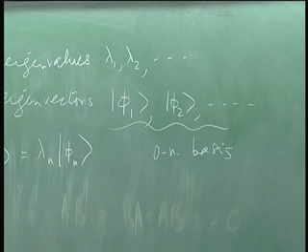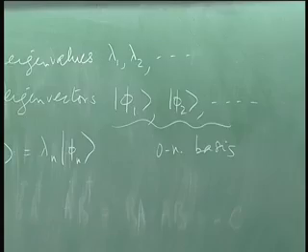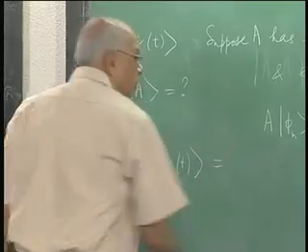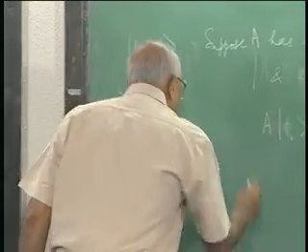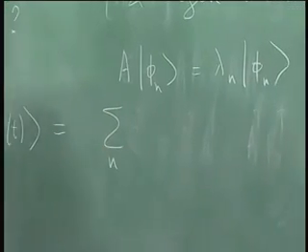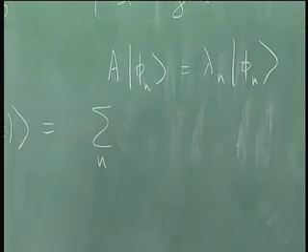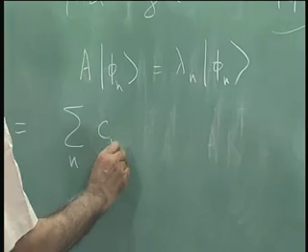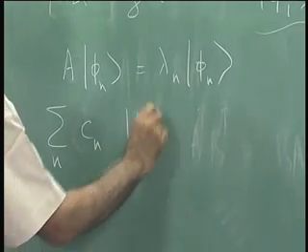That immediately implies that I can expand psi of t at any instant of time in the form summation over n, all the allowed values of n, some coefficient Cn times phi n.